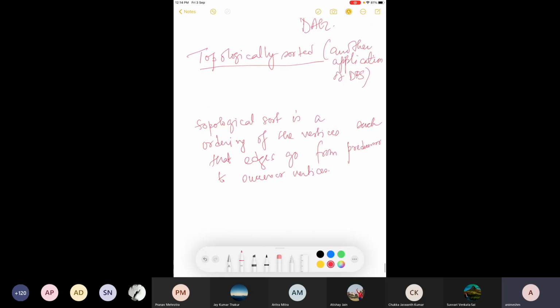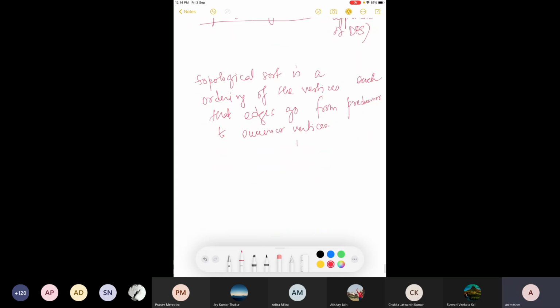Okay. So again, as you can always understand, this is only effective for a DAG. A topological sort can only be done on a DAG. So what do we mean by predecessor and successor? Here U is the predecessor and V is the successor.